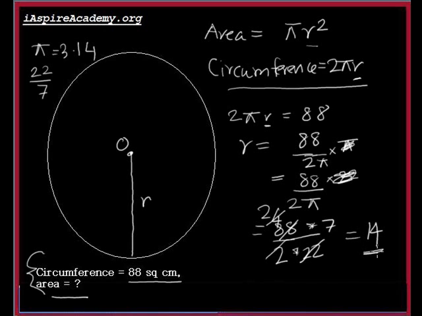So let's use this value of r to calculate the area. So area is pi, again 22 by 7, times 14 times 14. I would like you to note that we have used the 22 by 7 value for pi only because we have 14, a multiple of 7, as the radius. So 7 times 2 is 14, so we have 22 times 2 times 14.